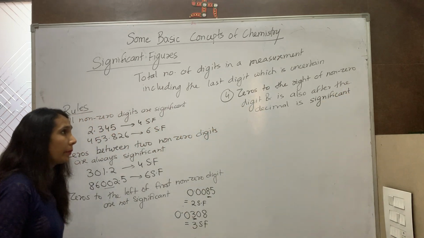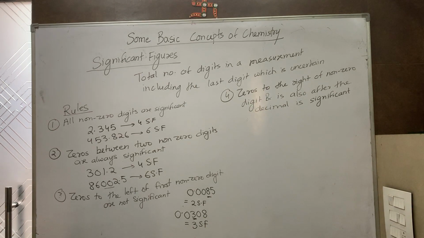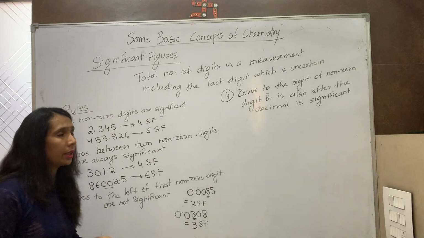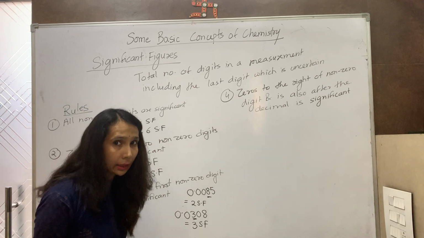Again, I'm repeating. Zeros to the right of non-zero digit and is also after the decimal is significant.